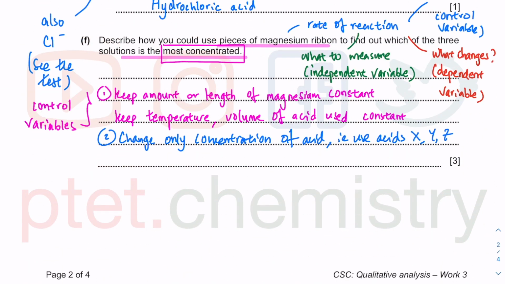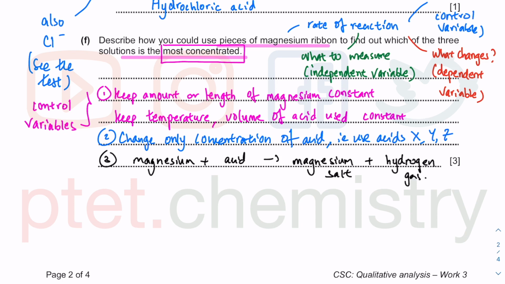So this is the reaction between metal and acid. Magnesium plus acid, I know the name. Magnesium plus the acid will give me the magnesium salt, which is the metal salt, and also hydrogen gas. The key factor here is hydrogen gas. So it is a gas.